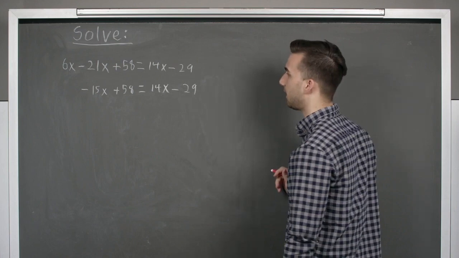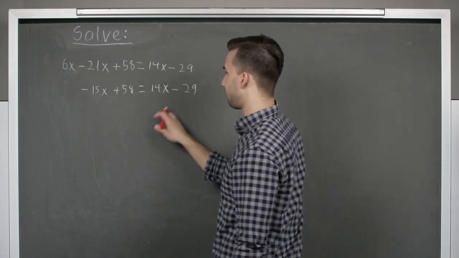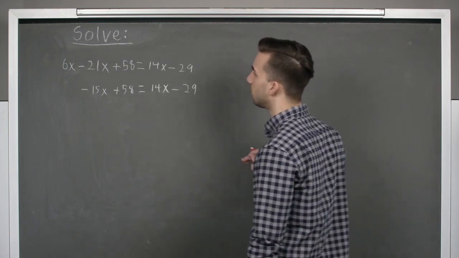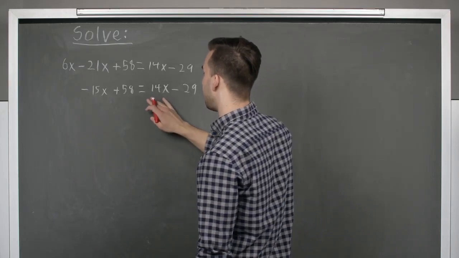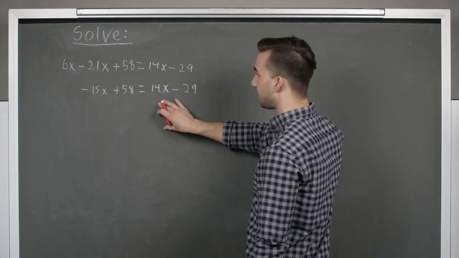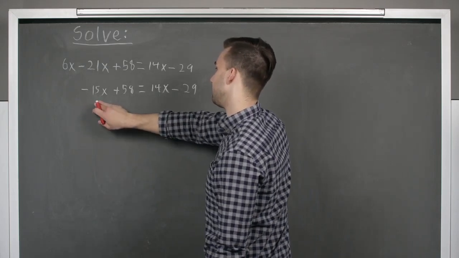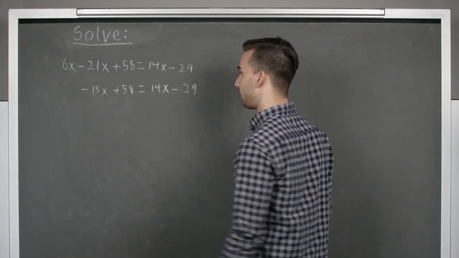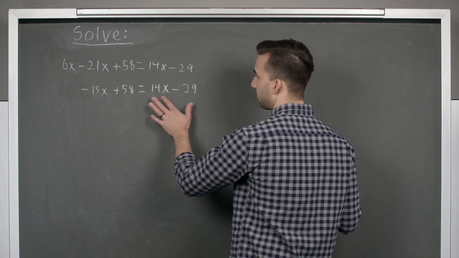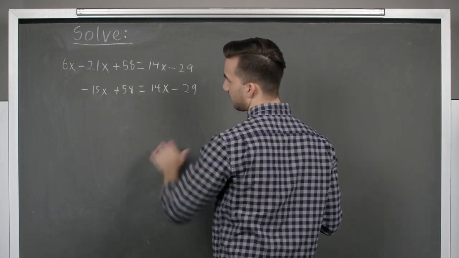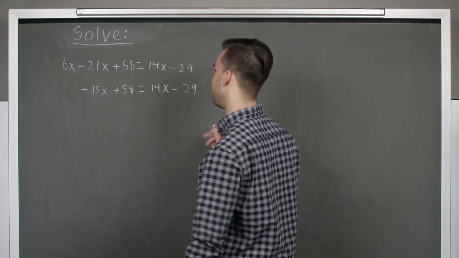We need to combine all our x's. So what do we want to do? We can either subtract 14 from this side, or we can add 15 to this side. Let's add 15 to this side because working with positive x is easier.